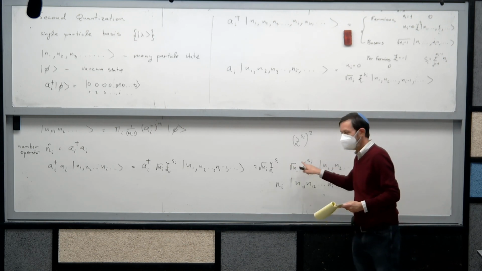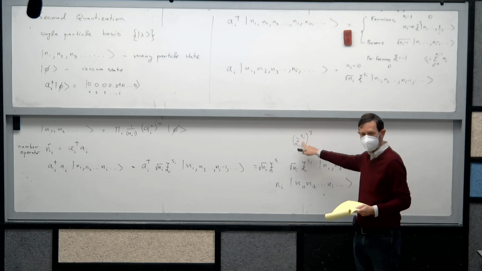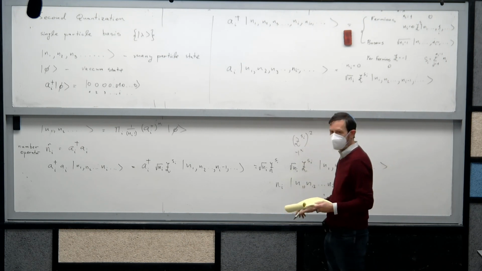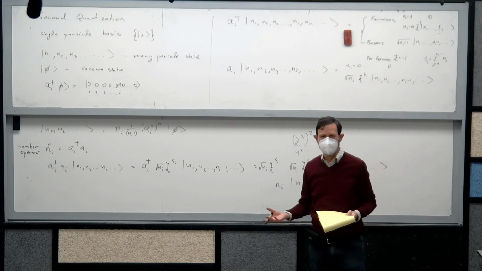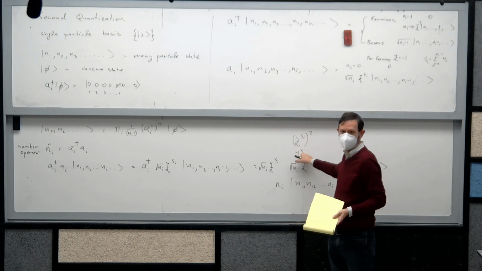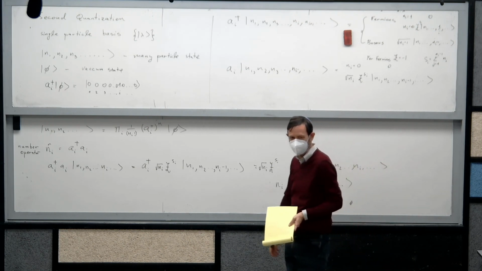Because I'm multiplying it twice. Yes, but you didn't write it. So this is minus 1 to some power. Usually I have to worry. Oh, we're talking about fermions. And if it's bosons, I don't have to worry at all, because it's 1 to the power of whatever.